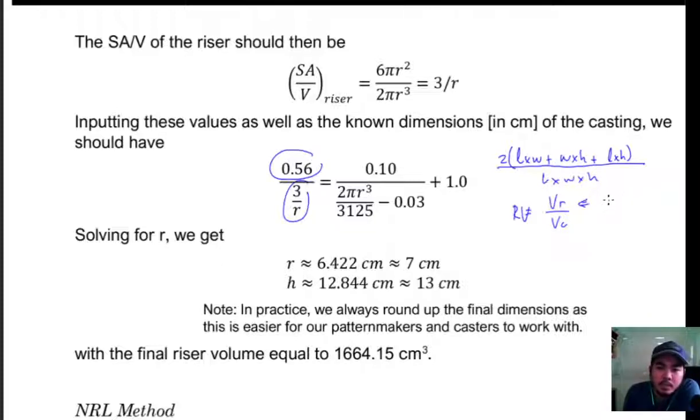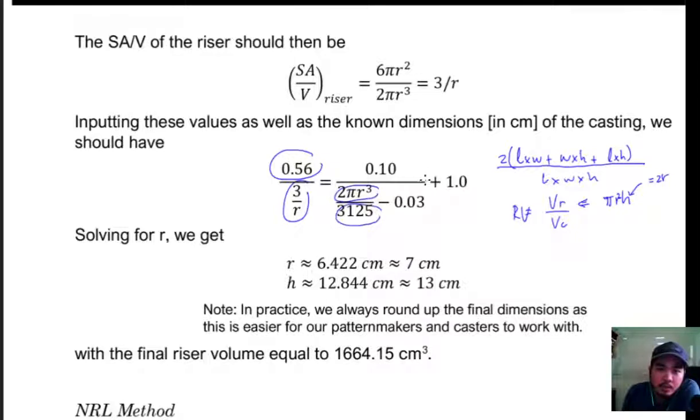So it's 2 pi r cube because ang volume ng cylinder is pi r squared h, no? Tapos sabi natin yung pinili kasi nating d over h ratio is 1, so therefore h is equal to 2r. So kaya siya naging 2 pi r cube.